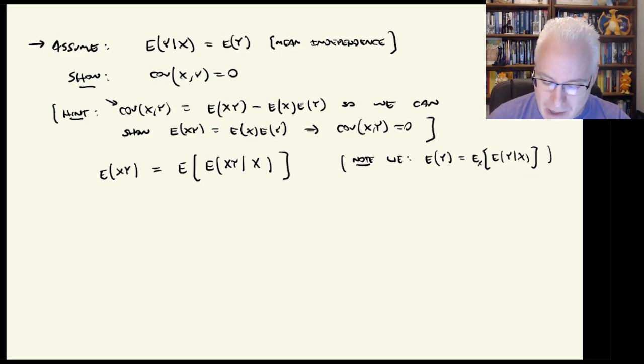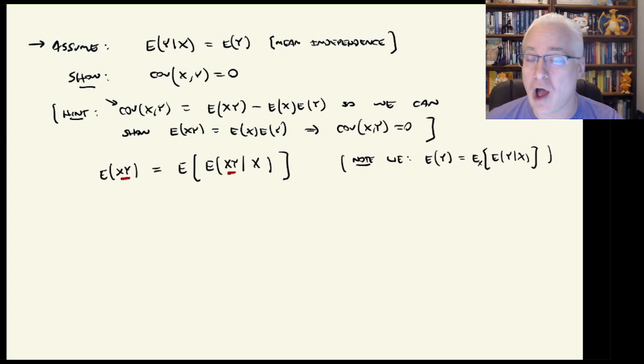We happen to be applying it here to the product XY, not just to the random variable Y itself.